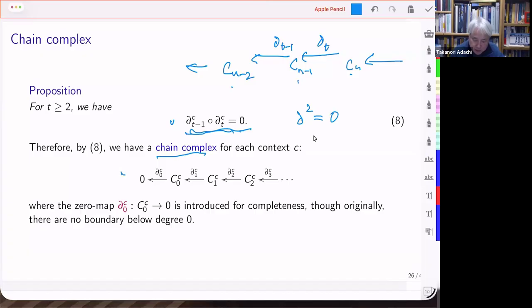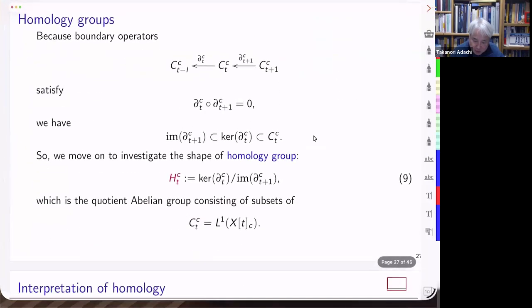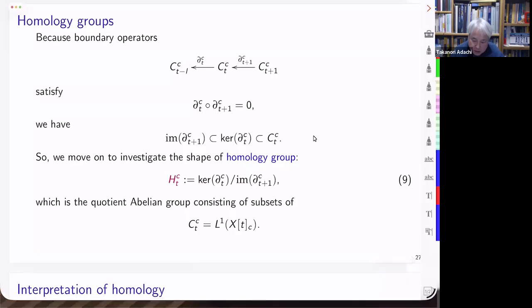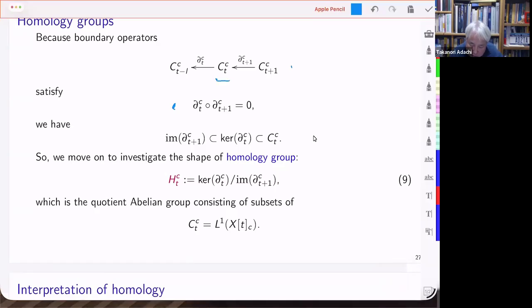And with this chain complex, we can define the homology. Say this is a chain complex, so we have these maps. If you focus on this part C_t, then the outgoing map from C_t gives us the kernel.